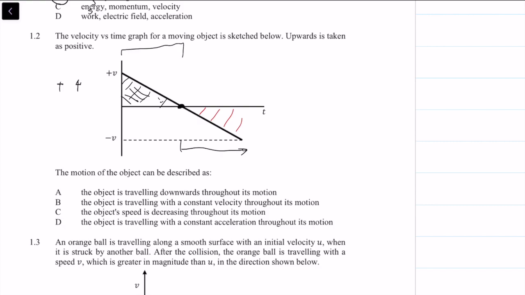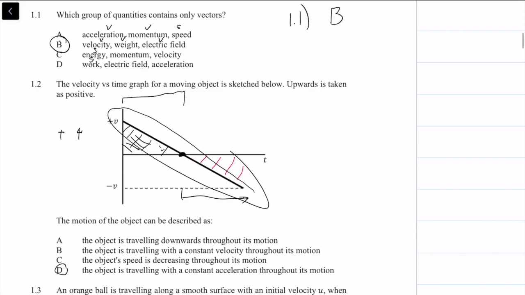The next option is the object is traveling with a constant acceleration throughout its motion. Using a velocity time graph, we can use the gradient to give us the acceleration, and the gradient throughout its entire motion is constant, so the answer is D. So question 1.2, the answer is D.